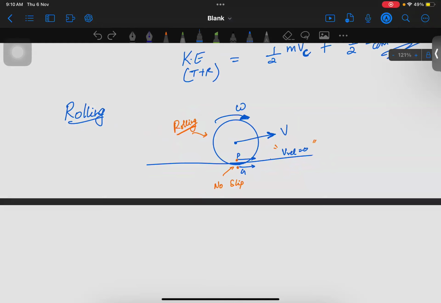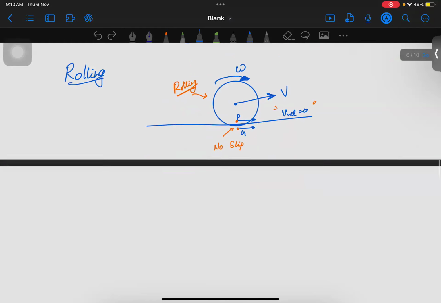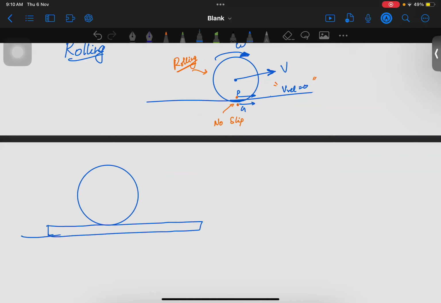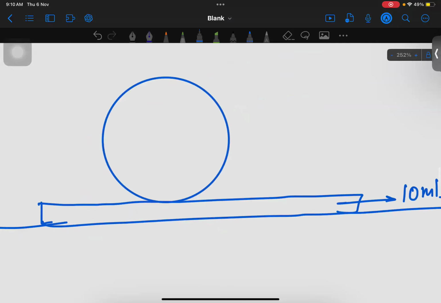Not only is this true, if you were to consider, let us say that this is a plank, and on the plank there is the sphere. Suppose the plank were to move with a velocity of 10 meters per second. That means this point would be moving with what velocity? 10 meters per second.